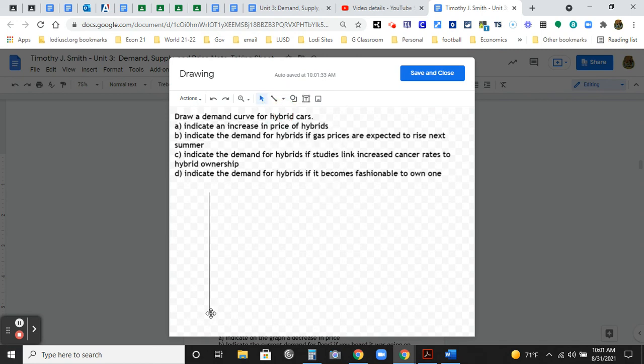Go line again. Oh, and you just click on the top one and bring it down.